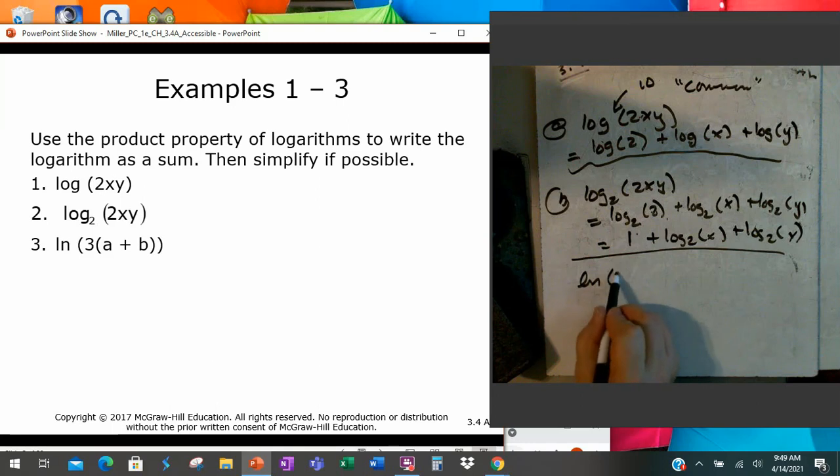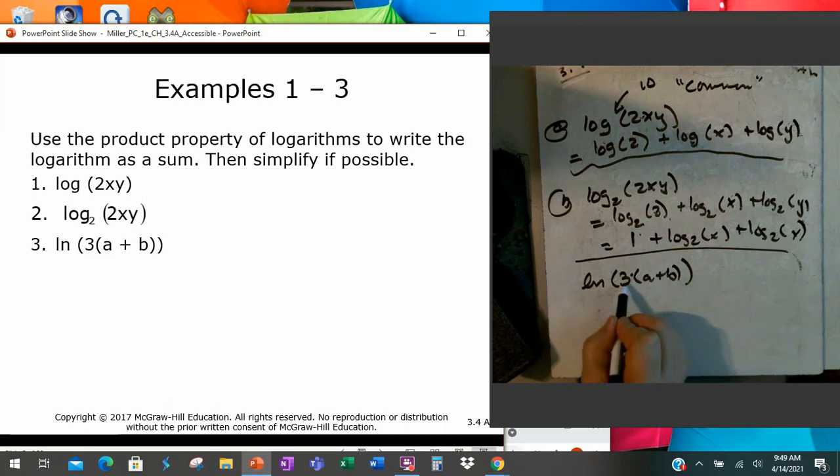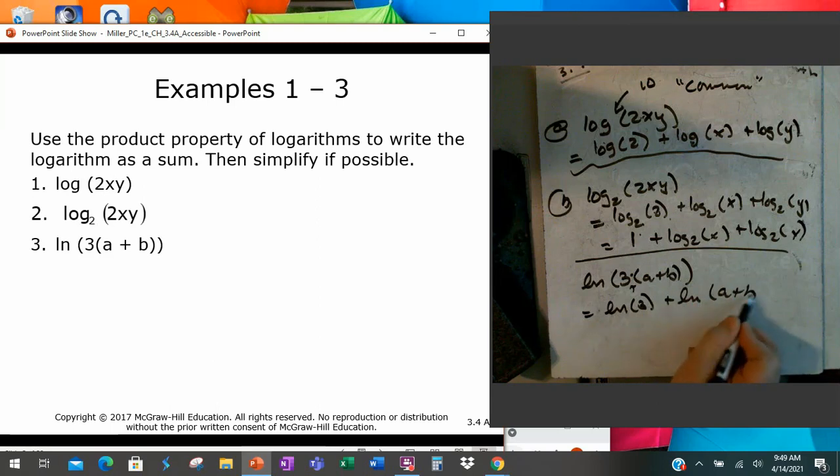Let's do a couple more. ln of 3(a plus b). Now remember, this is multiplication between this and this. 3(a plus b) is 3 times a plus b. So that piece of it is multiplication, and I can break this apart into ln of 3 plus the ln of a plus b.